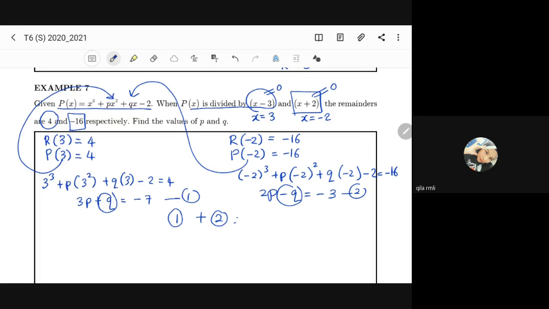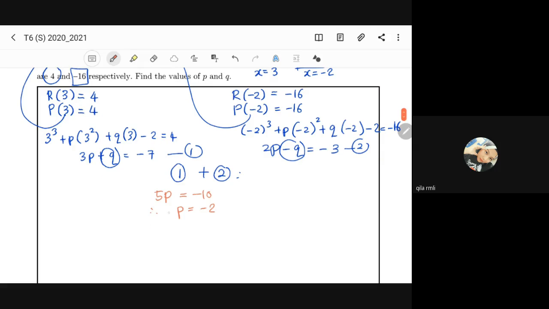Okay. So, bila saya tambah, 3P plus 2P, so I will get 5P. Positive Q minus Q, 0. Negative 7 minus 3 is negative 10. Therefore, P equals negative 2.